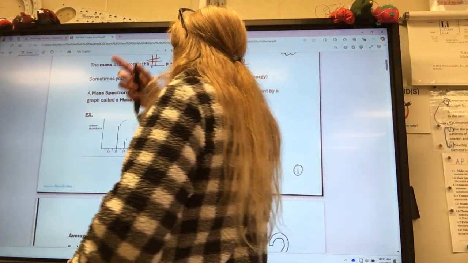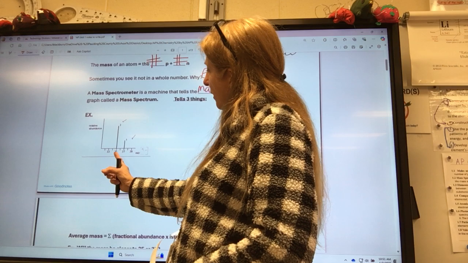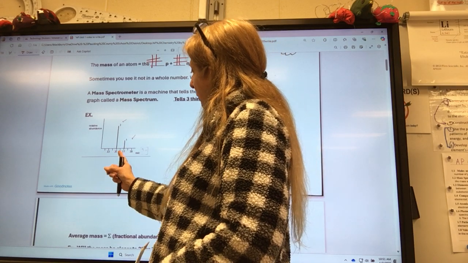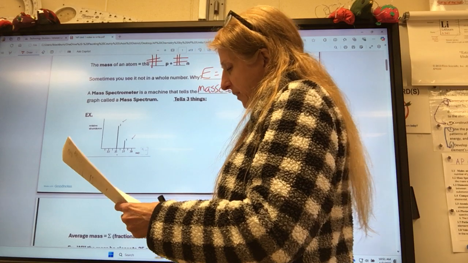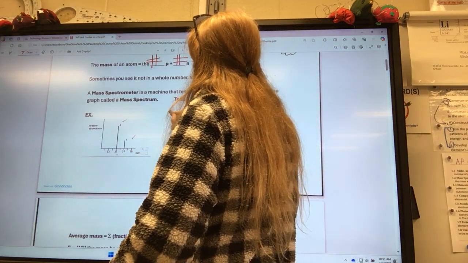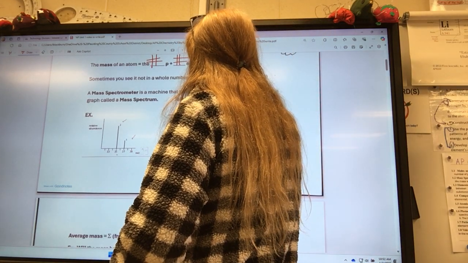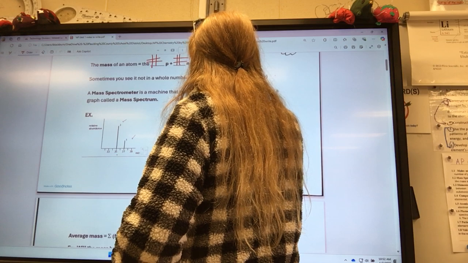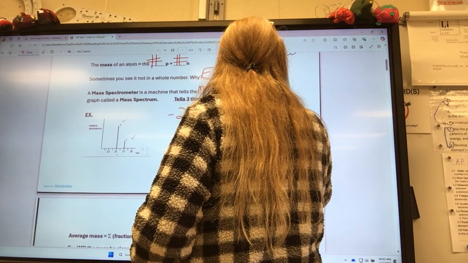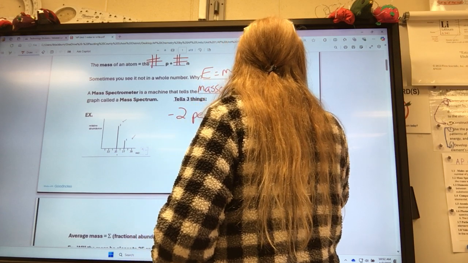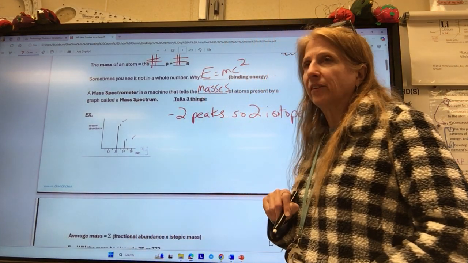Okay, so here we have this graph, and it shows us that we have 2 isotopes of this atom. One has a mass of 35, and one has a mass of 37. So the first thing it tells us is that there are 2 peaks in our graph, so we have 2 isotopes. 2 peaks equals 2 isotopes.